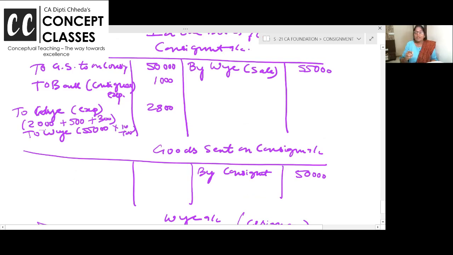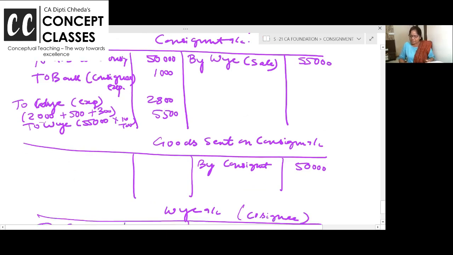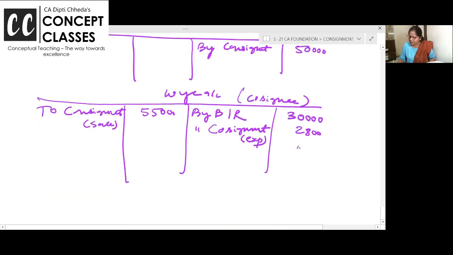Dear students, only one commission is there. If there are 2-3 commissions, we will make a working note. 5,500 is my expense and your income, I will pay you. By consignment account, bracket commission.